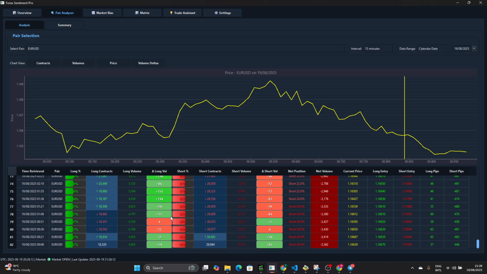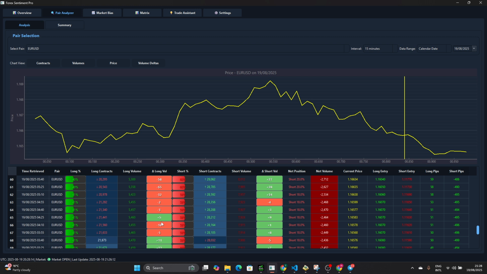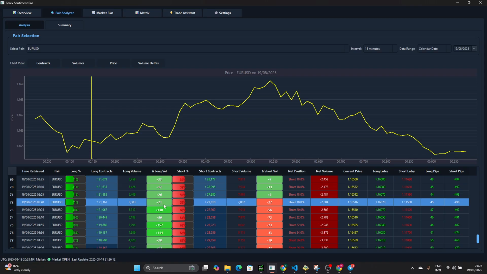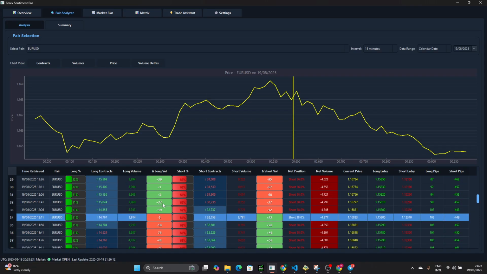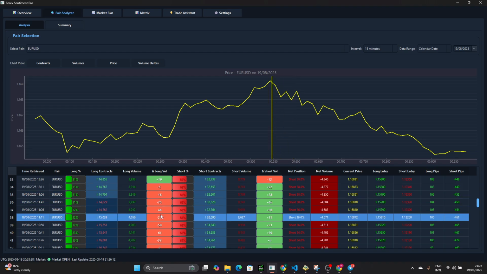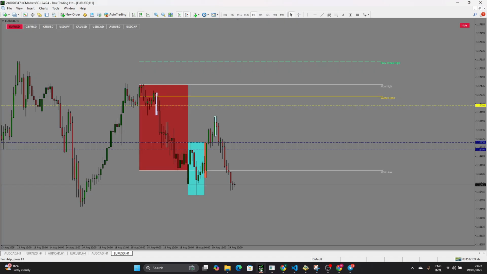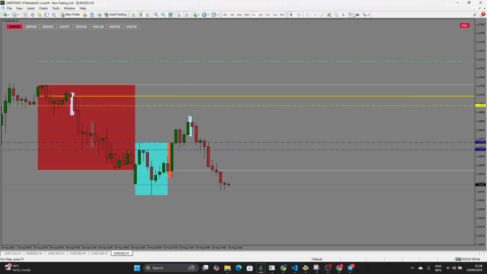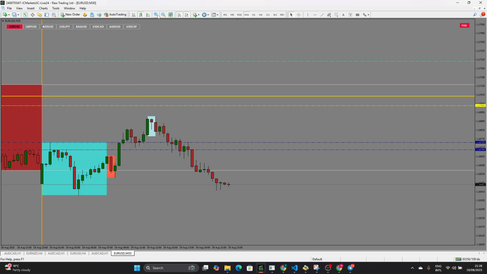Let's compare this to the chart, shall we? So this is today, and this is the high of the day. I'm looking at the 30 minutes time frame now.